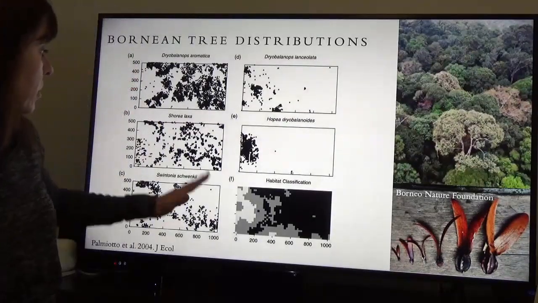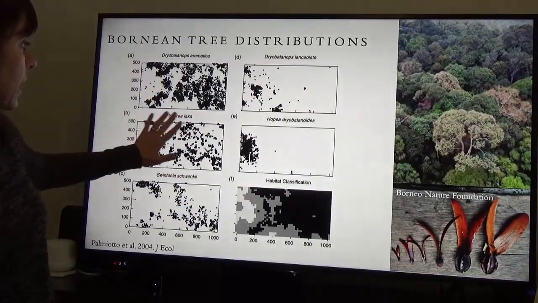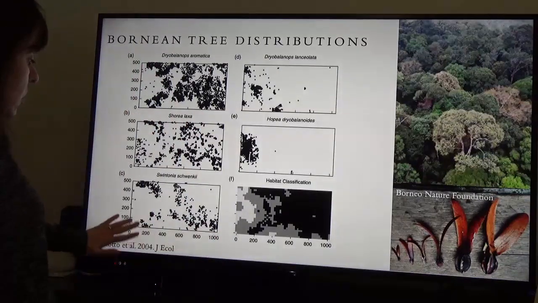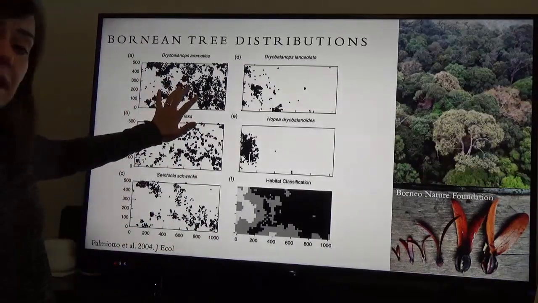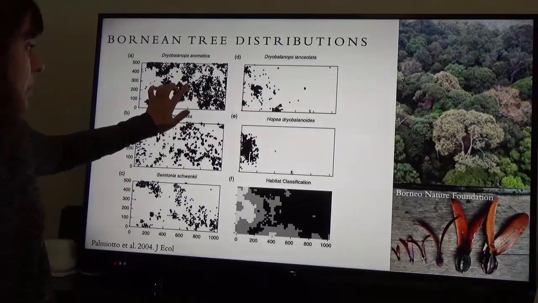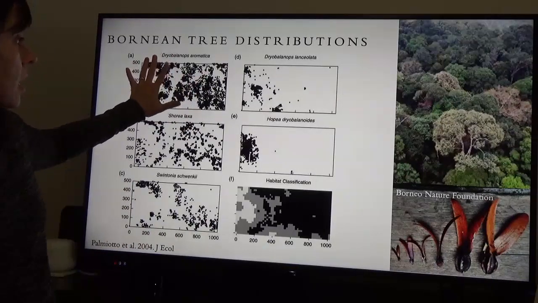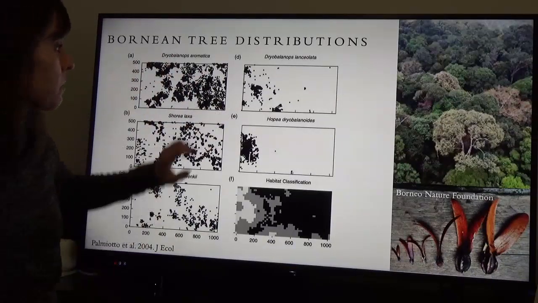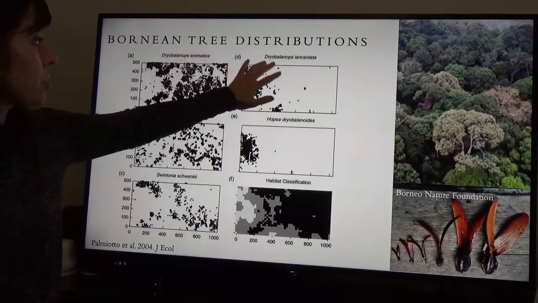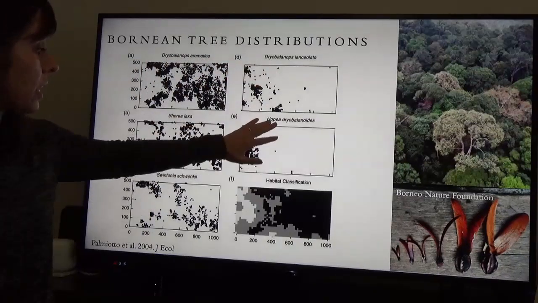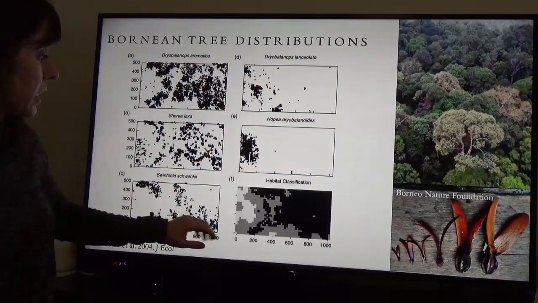So this is Lambir Hills, and there's a 50-hectare mapped plot. It's 1,000 meters by 500 meters, and every single stem in that plot is mapped. Each of the dots in each of these rectangles is an individual of that species. So we have here 2 Dryobalanops species, a Shorea and a Hopea, and then Swintonia here.